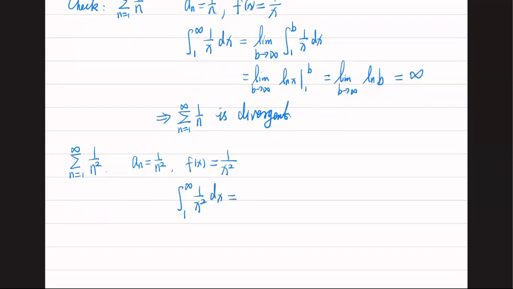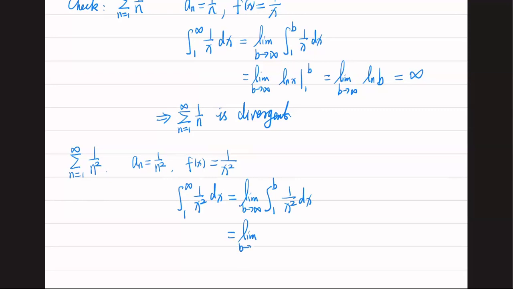How do we find this integral? Limit, from 1 to b, 1 over x squared dx.